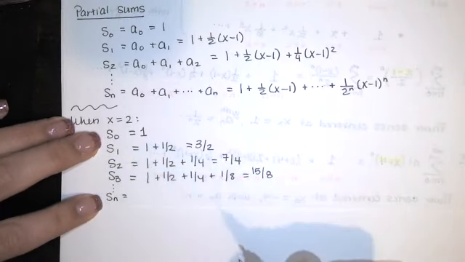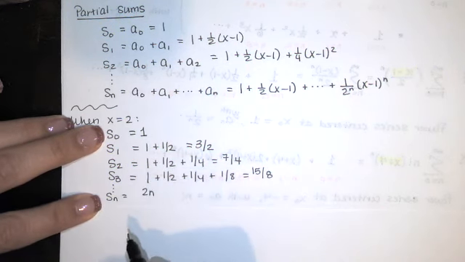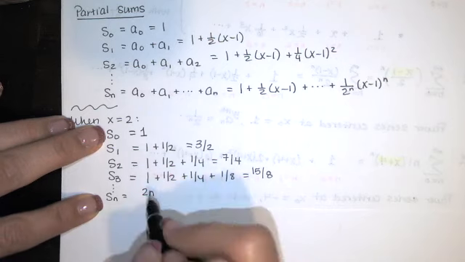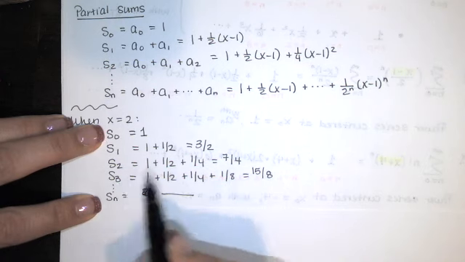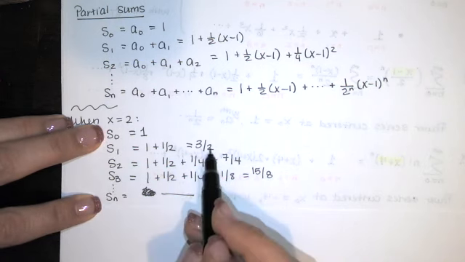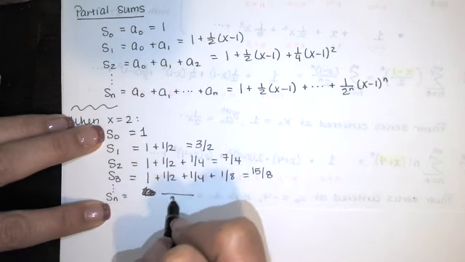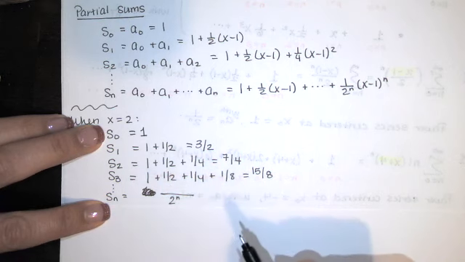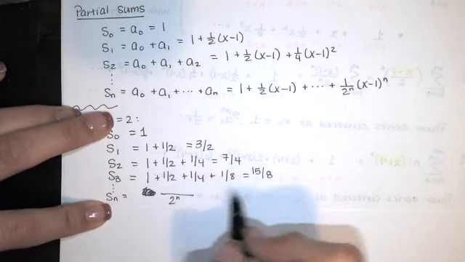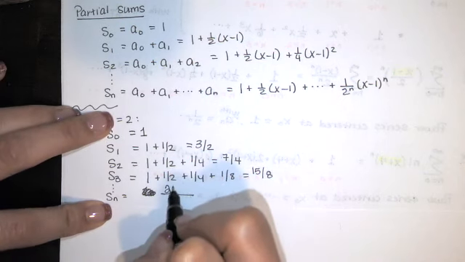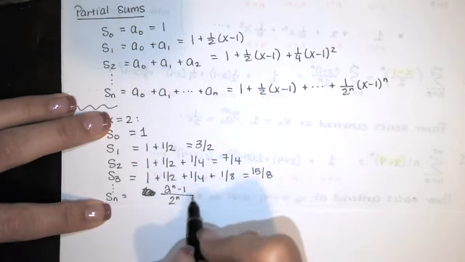It turns out that the pattern is this. In the denominator, we end up with 2 to that power. So I've got 2 to the first there, 2 squared there, 2 to the third there. So when this is n, we'll have a 2 to the n here. And in the numerator, what you end up with is 2 to the n minus 1 plus, and then you're going to add an extra 1 to that.